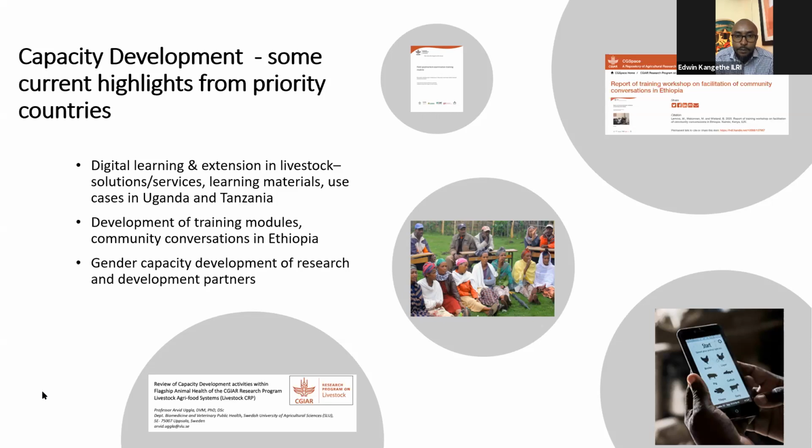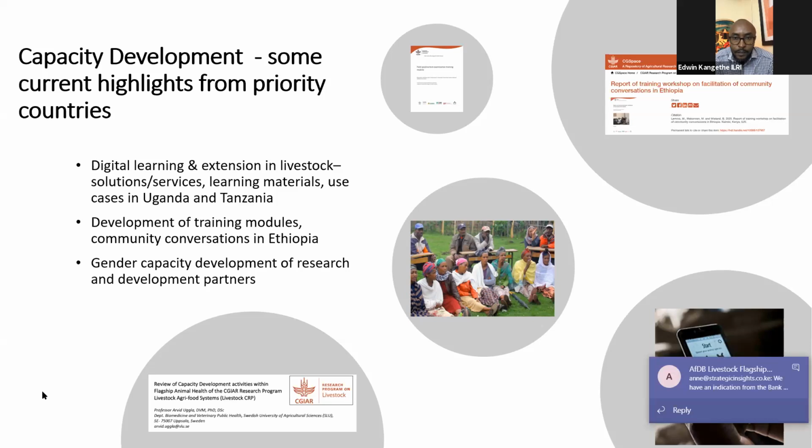The objective of this work is to take the research outputs that we have and see how we can transform these mostly scientific outputs into products that are user-friendly for the farmers or for the end target group. These are farmers, extension workers, and those are the cadres that are further down the value chain.